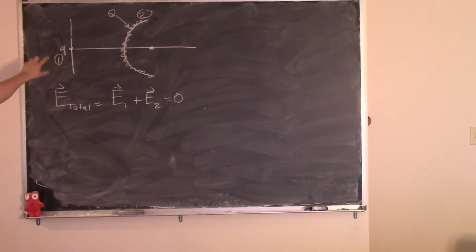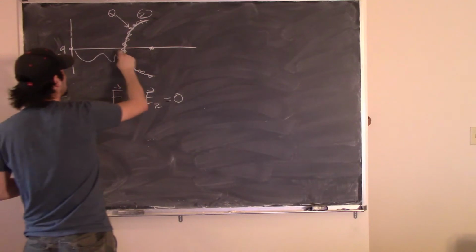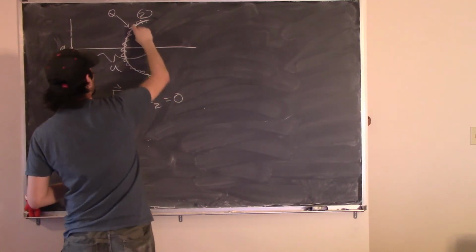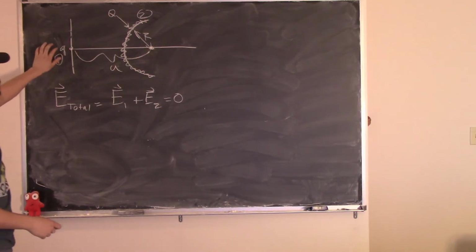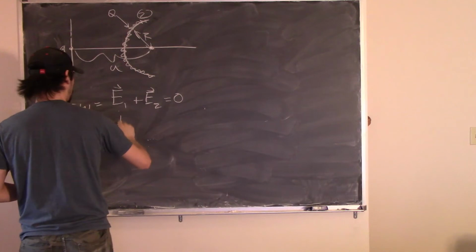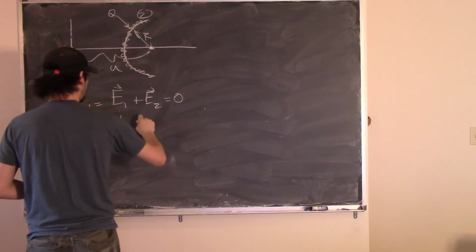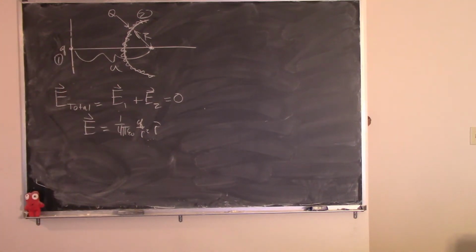So the first one is probably the easiest one to do. This was some distance of a, and this is some radius r. We just want to find what the electric field from this one is. So in general, E vector is equal to 1 over 4 pi epsilon naught Q divided by r squared times r hat for point charges.